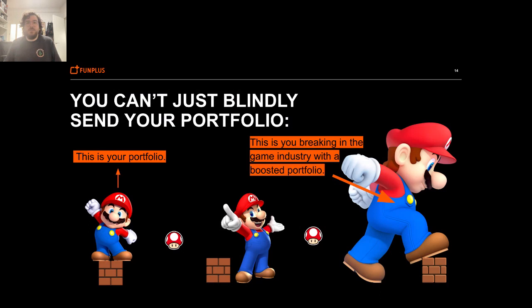Having an excellent portfolio doesn't guarantee that you will pass through the selection process. Companies receive dozens and dozens of applications, and having a great portfolio alone may not be enough to stand out over the rest.